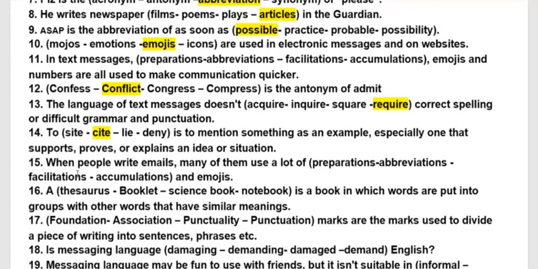15. When people write emails, many of them use a lot of abbreviations. For what reason? In order to make communication quicker. 16.